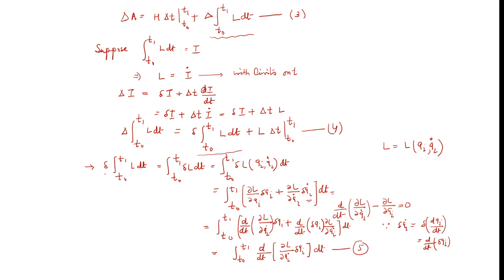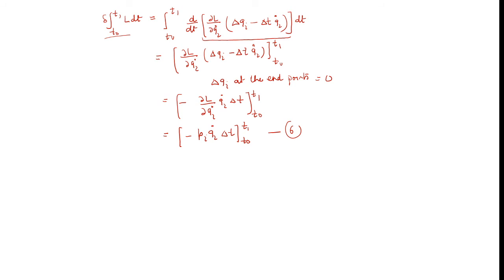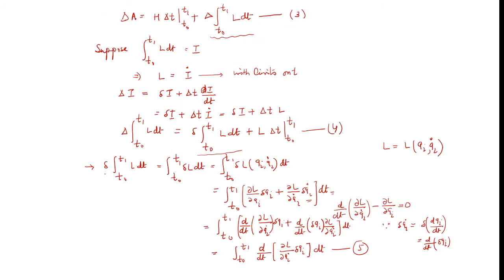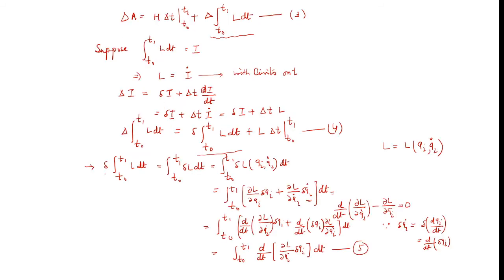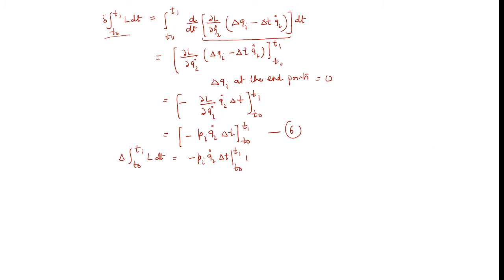It was 4, 5, 6. Now I will use this 6 in 4 and I get δ∫ from t0 to t1 of L dt is equal to minus pi qi dot δt for t0 to t1 plus L δt from t0 to t1.